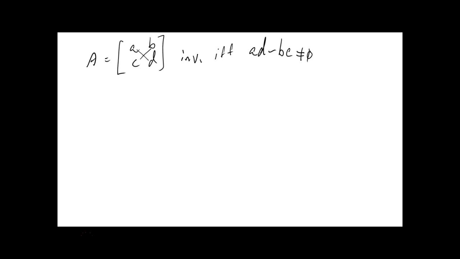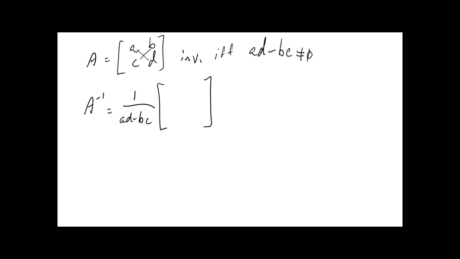Now, if that determinant is not 0, then here's how you can get A inverse without doing any Gauss-Jordan elimination at all. The first thing is you just calculate this, ad minus bc, and you found out it wasn't 0. And since it's not 0, you can put it in the denominator, can't you? Now, you multiply that by another 2 by 2 matrix, and here's how you get that 2 by 2 matrix.